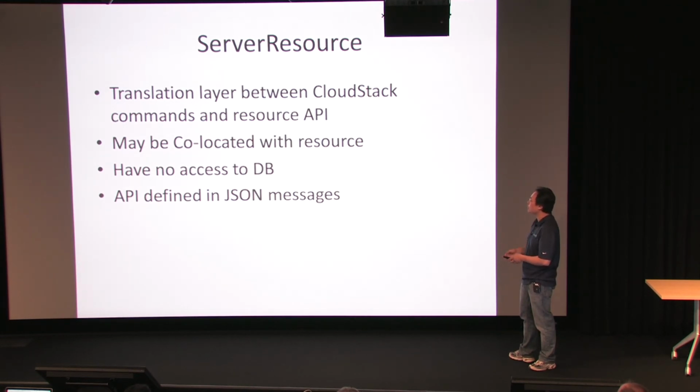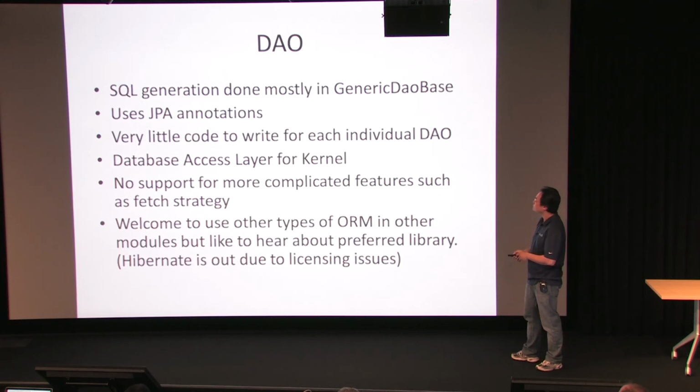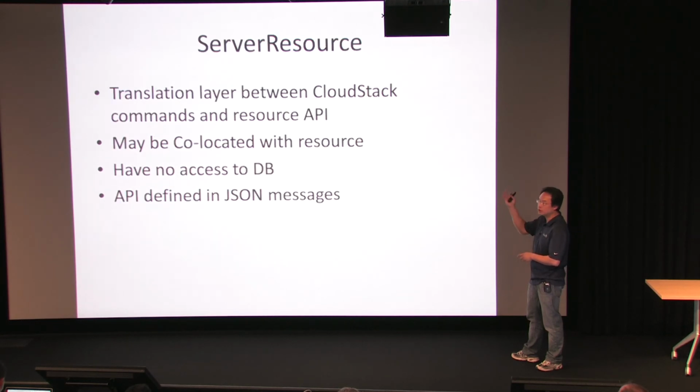And it may be co-located with the resource. And because it may be co-located with the resource, it has no access to the database. So the commands that are sent to it need to contain everything that the resource needs to execute that particular command. Are there any questions about our server resources?